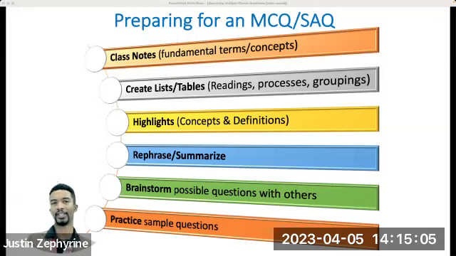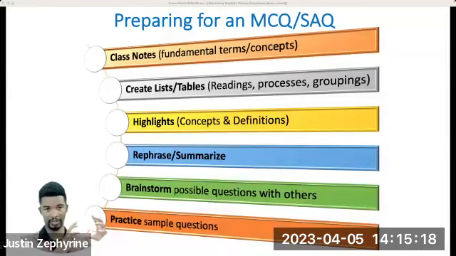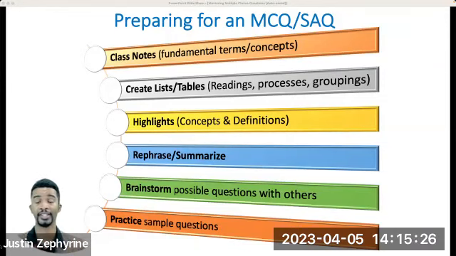Another thing is to create a list of readings. Sometimes you could feel very overwhelmed when trying to go over all this content in preparation for one exam in the space of 1 week or less. It's good to categorize your readings accordingly and go through bit by bit. Again, highlight concepts and definitions. Rephrase, summarize, or personalize, right?